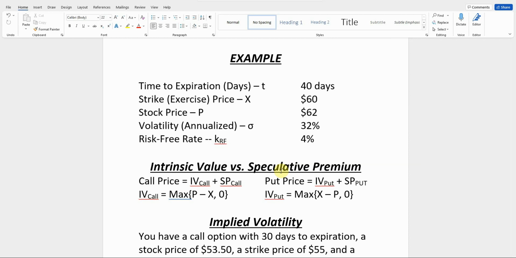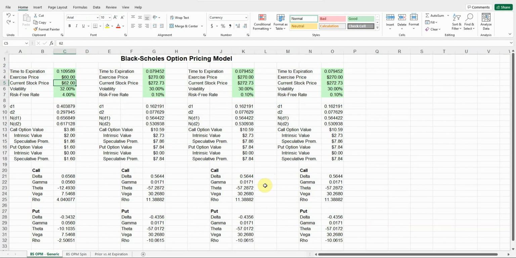So in this case, if we go back to our call, I have the right, but not the obligation, to buy a $62 stock for $60. That is worth $2 to me right now, so it has an intrinsic value of $2. Now note the option itself is trading for more than that, and that's because there's speculative premium built in.